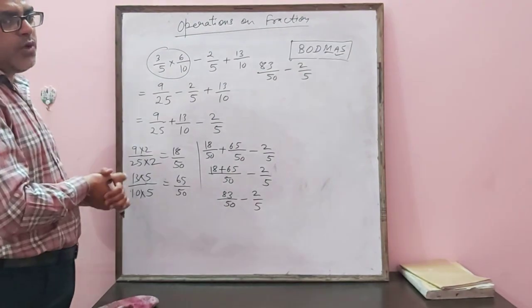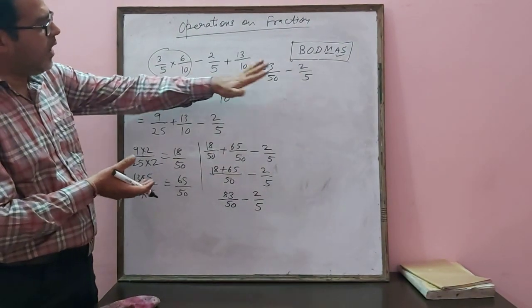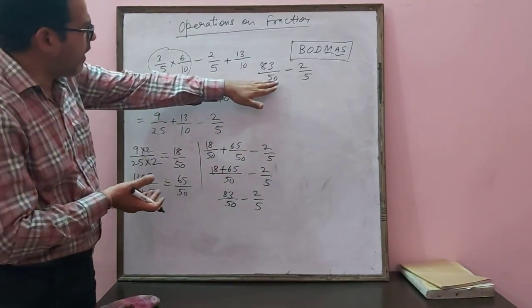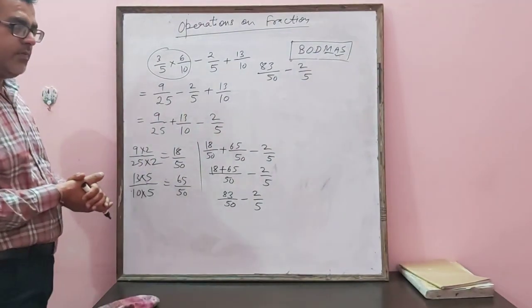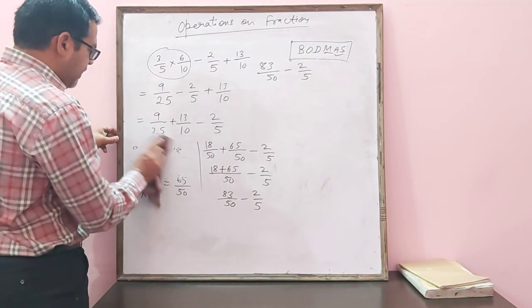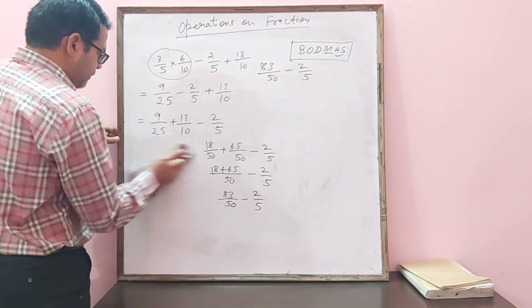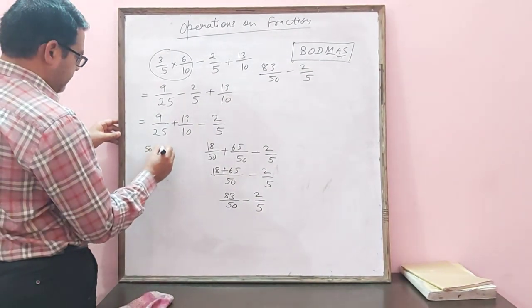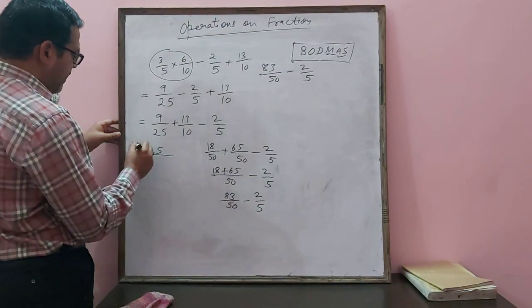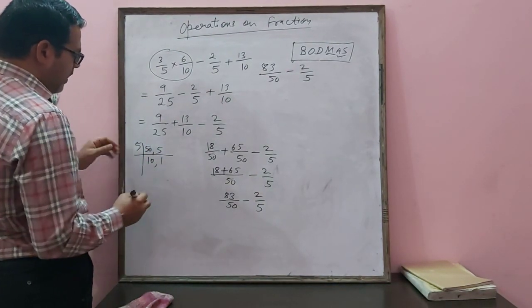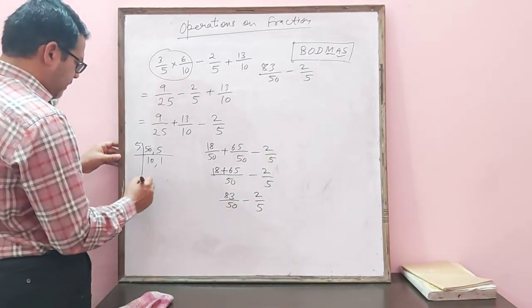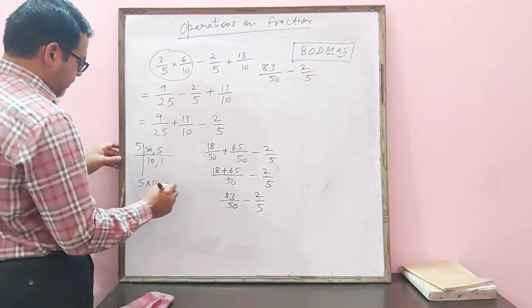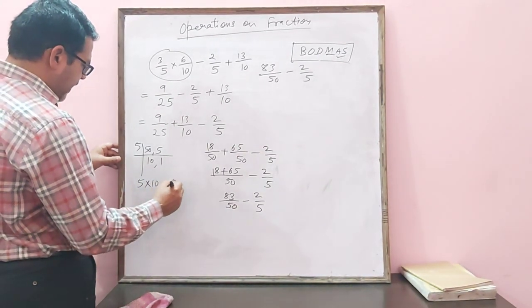Now how can we solve it? These two are unlike fractions. Again we need to take the LCM of 50 and 5. So I am taking the LCM of 50 and 5. By 5 you can take 10 times, and 1 time. Now no need to factorize further, so we can write here 50.